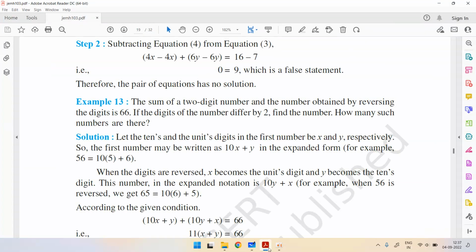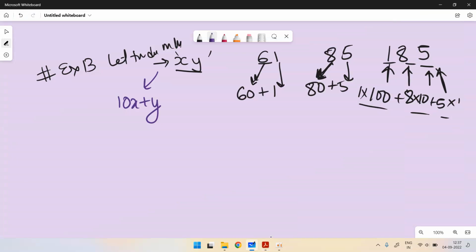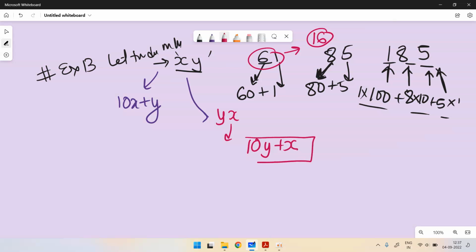Now it says the number obtained by reversing the digits. If you reverse this, you get yx, and if 61 was there, you can reverse it as 16. So yx can be written as 10y plus x. Pronounce it, this is 10y plus x, and this is 10x plus y.